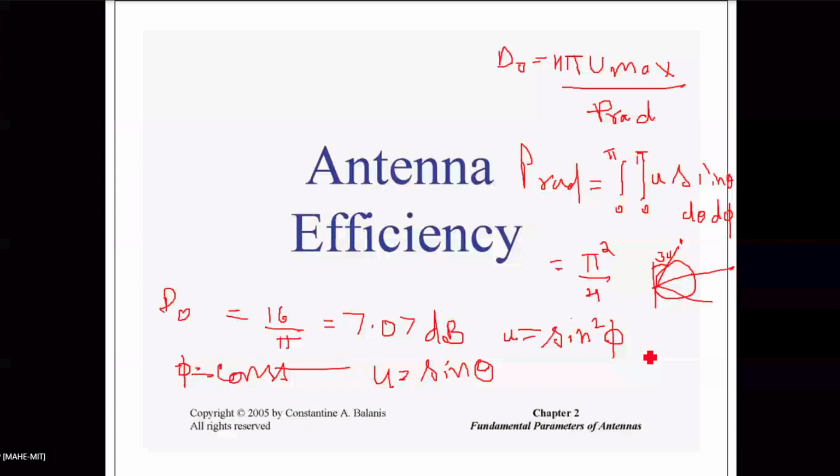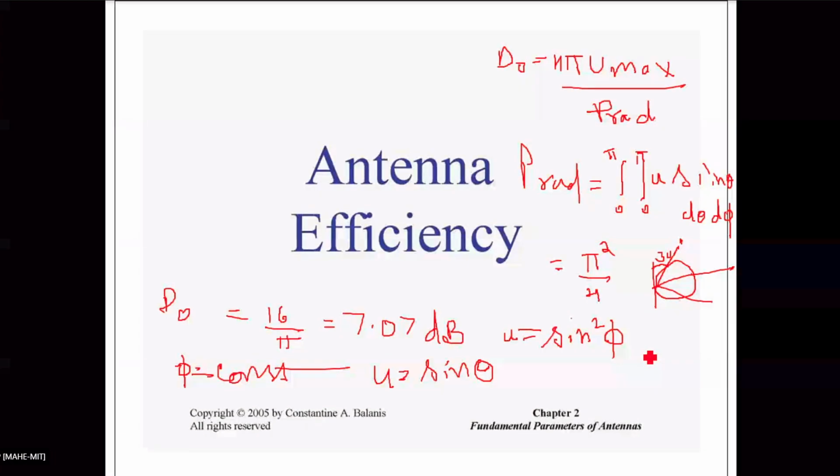Given the radiation intensity of an antenna, u of theta phi is equal to 1 for 0 less than theta less than 20 degrees; 0.342 cosecant theta for 20 degrees less than or equal to theta less than or equal to 60 degrees; and 0 for 60 degrees less than theta less than or equal to 180 degrees.